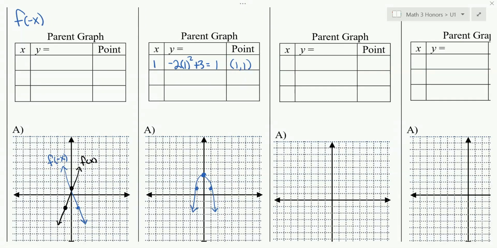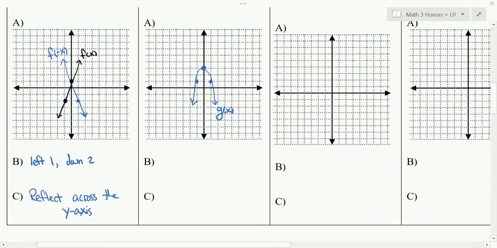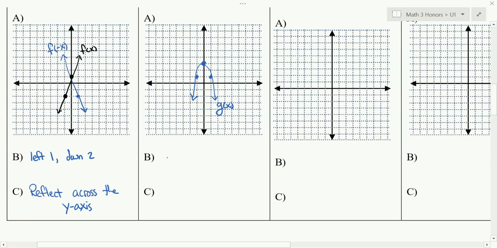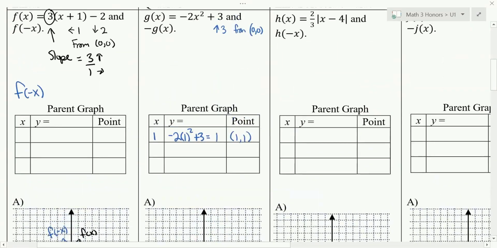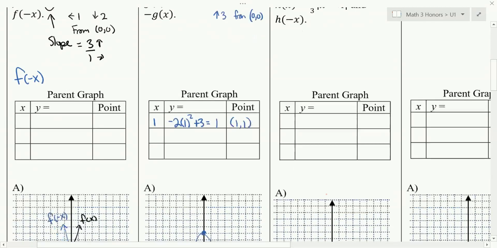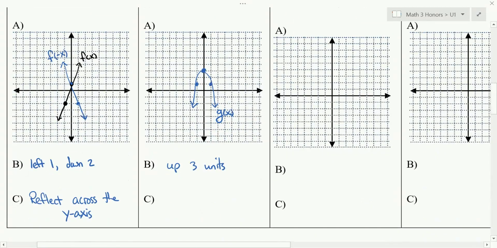Okay, so label it. This is g of x. And we could also say part B. Part B was up 3 units. All right. Then the other one is negative g of x. So if it's negative g of x, what kind of reflection is that? Let's do part C right here. Reflect across what?